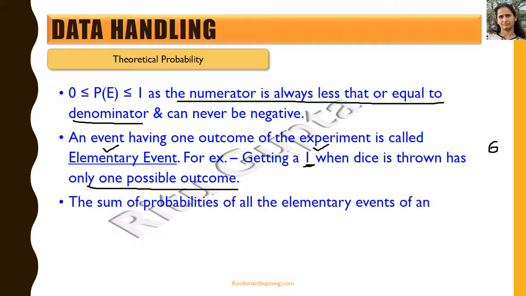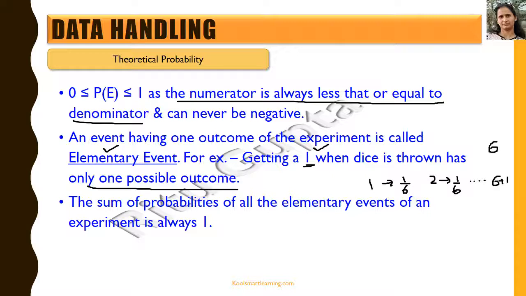The sum of the probabilities of all the elementary events of an experiment is always 1. Say for example, the probability of getting a 1 on the dice is 1 by 6. Again, the probability of getting 2 is 1 by 6, and so on. The probability of getting 6 is also 1 by 6.